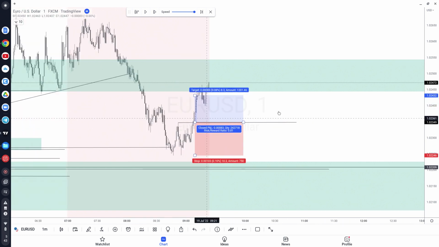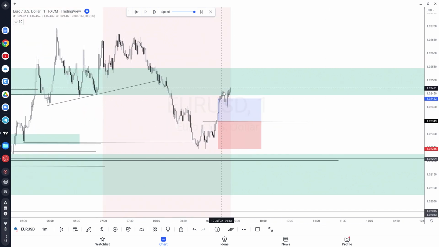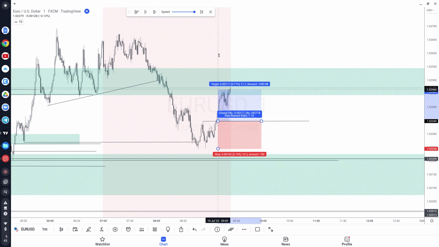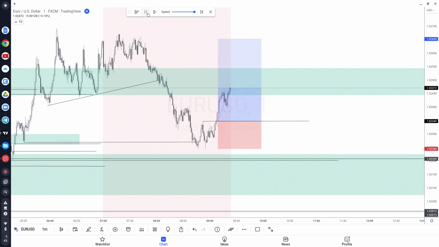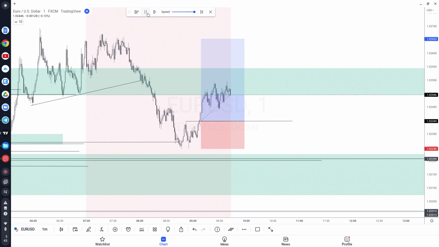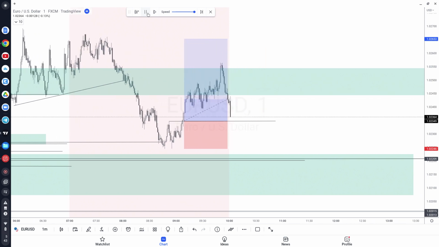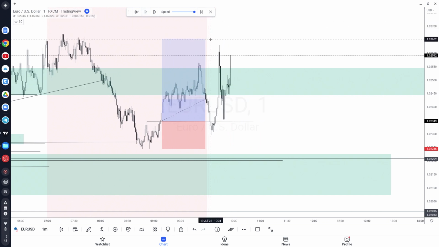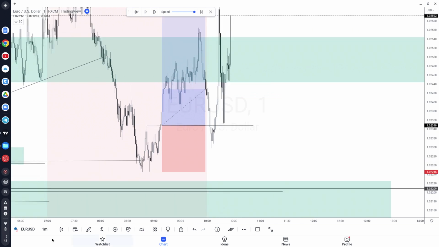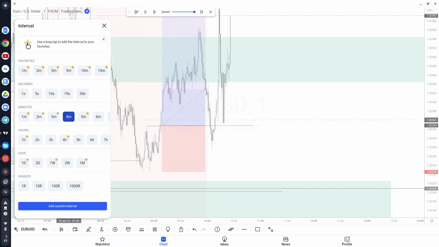And then, of course, I would target these highs here at least. I'm not sure if price got to those areas. Okay, cool. So TP would have been hit. Four-minute time frame.